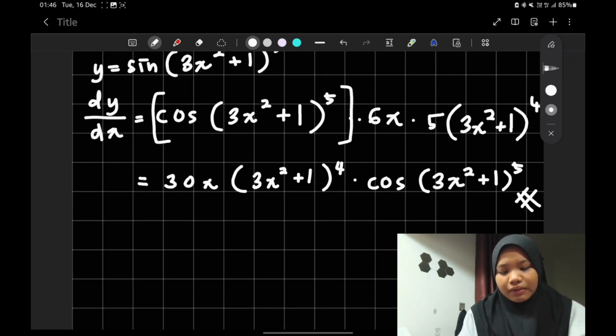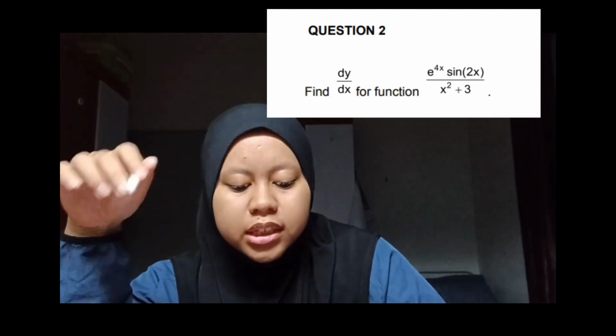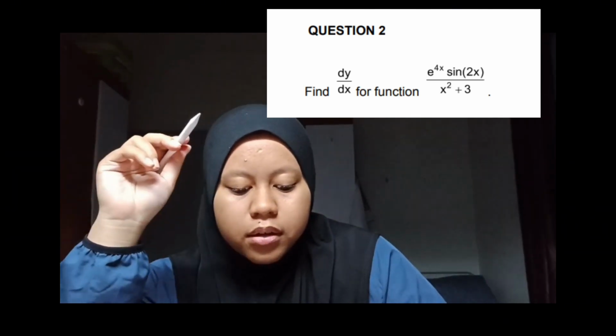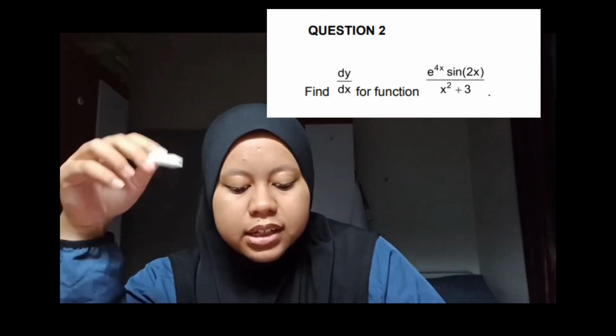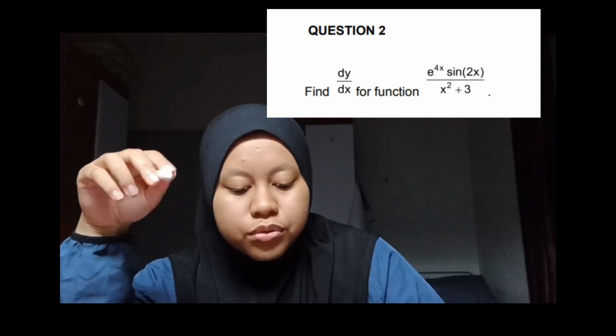Question 2: find dy/dx for the function e^(4x) sin 2x over x² + 3.